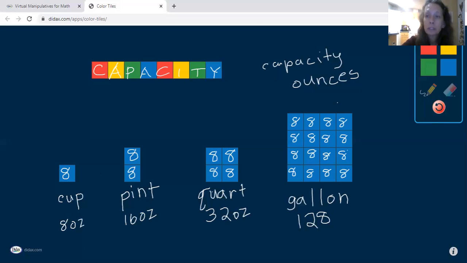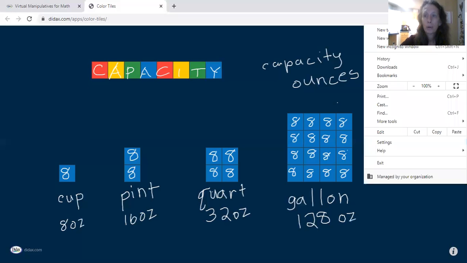I need to write ounces right here. I'm not sure if I can save this. I've never used this before. Let's see if we can save this one somehow. Nope, it won't let us save it.